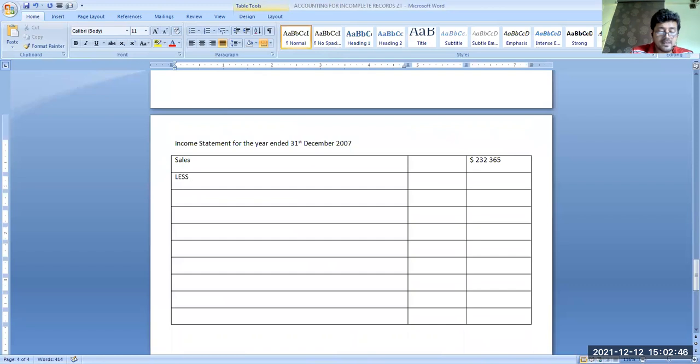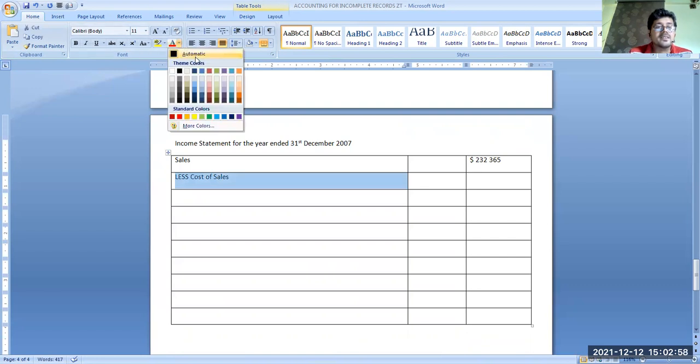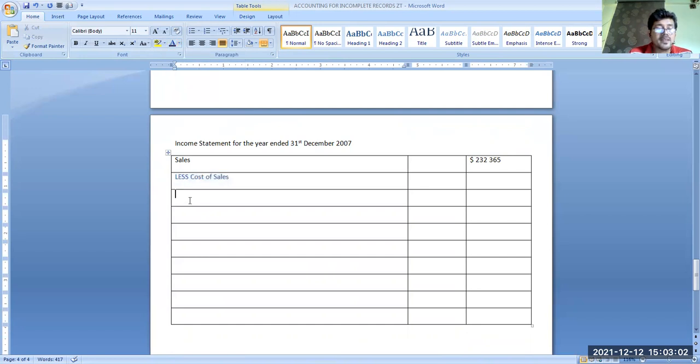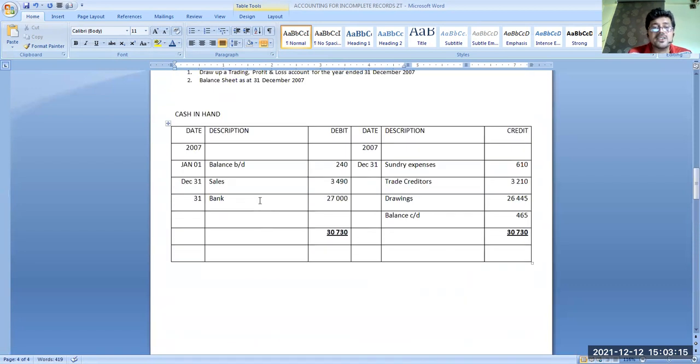Now, give the heading less cost of sales. Okay. Now inventory. The date of inventory would be 1st January 2007. Opening inventory is given in the question.